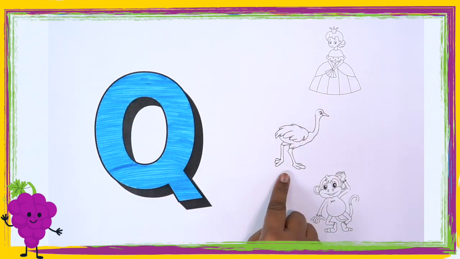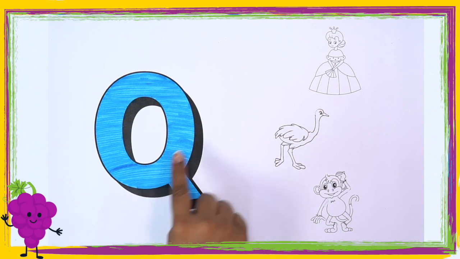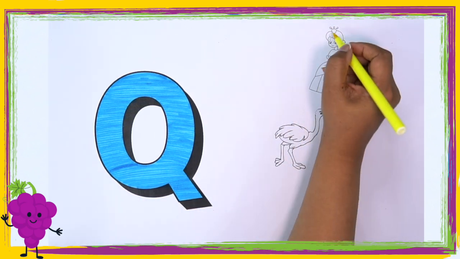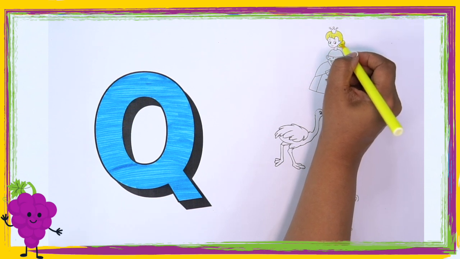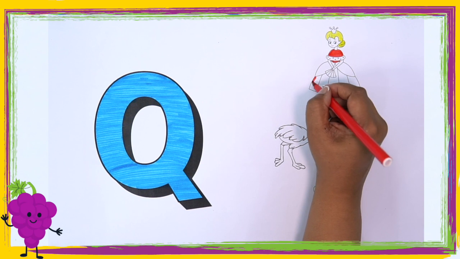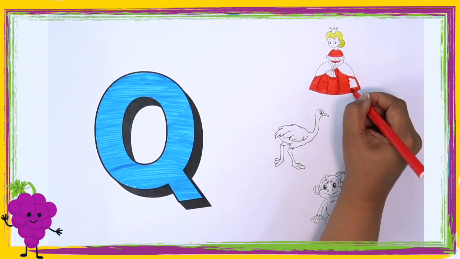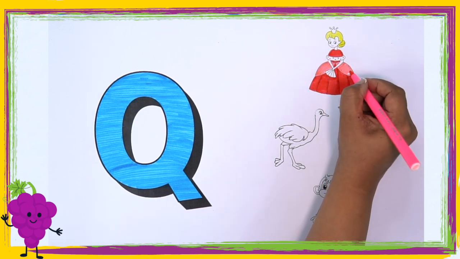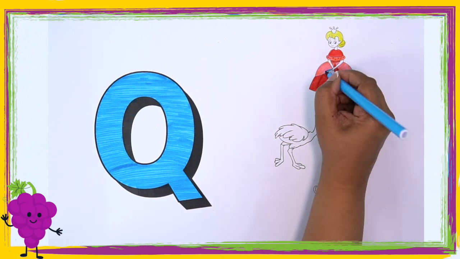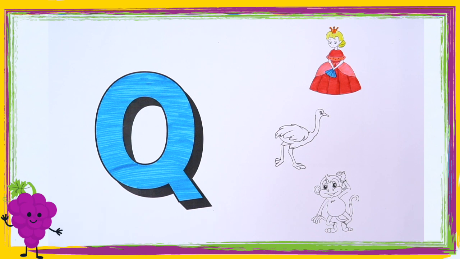Is it ostrich? Is it a monkey? Q for queen.